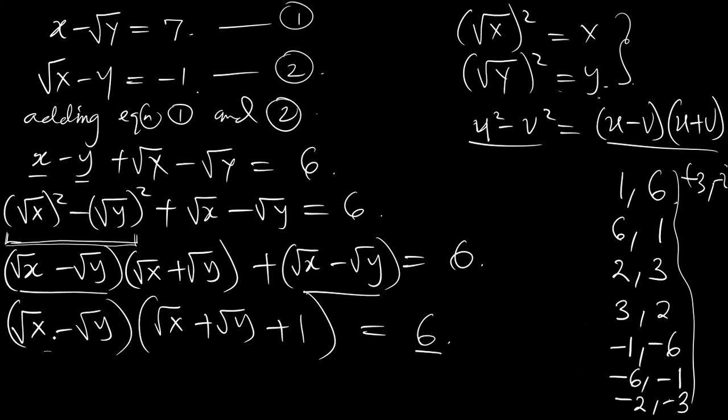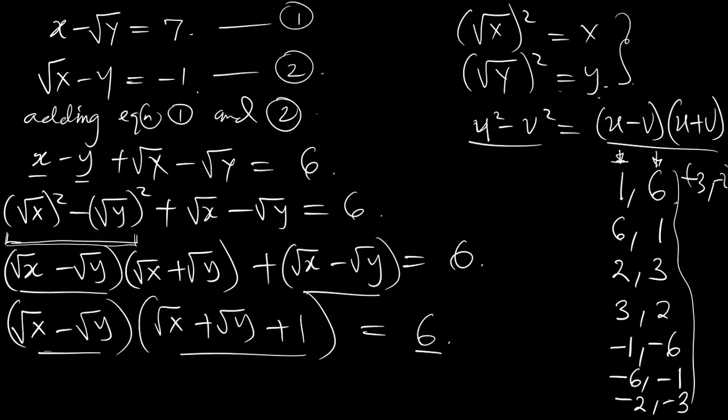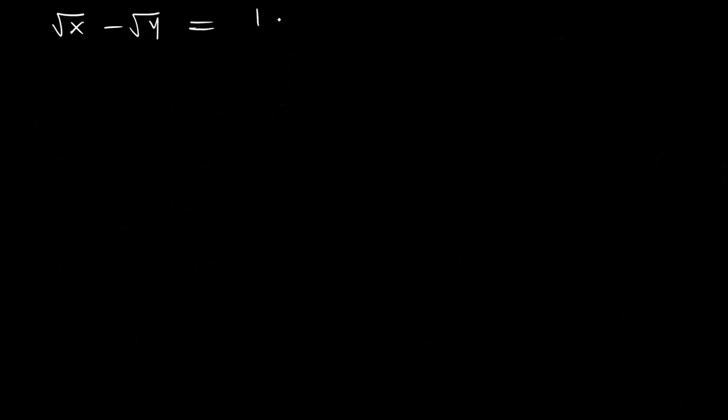Using these factors, the first one is this, while the second one is this one. So it implies that the square root of x minus the square root of y is equal to 1, or 6, or 2, or 3, or minus 1, or minus 6, or minus 2, or minus 3.